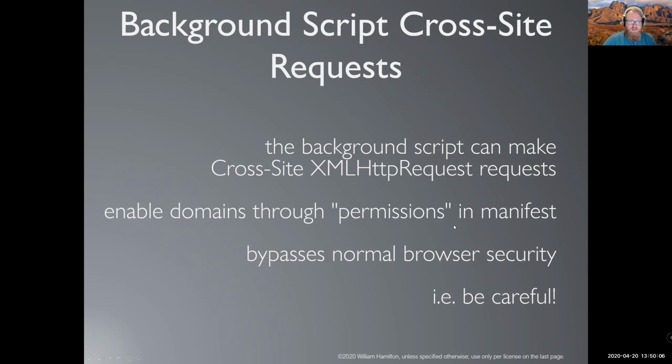So you could potentially be connecting to any type of web server with or without the CORS cross-site permissions enabled, which we've briefly discussed before. You can use this as a way of doing cross-site programming, and it bypasses the normal browser security around doing cross-site AJAX calls.